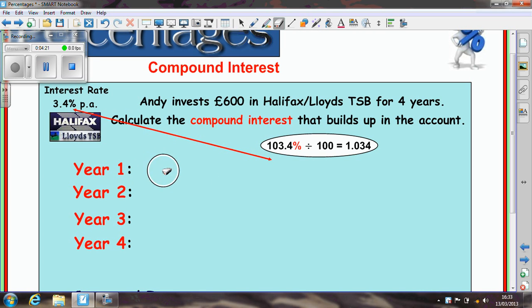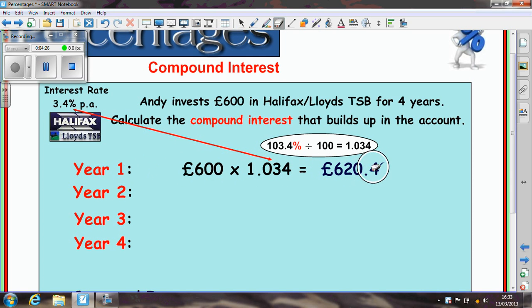So year 1, if we want to calculate that, you use 600 times 1.034 and it comes out as £620.40. Again, if you worked out 3.4% and did an add sum, this would be the same value you come out at. We start with that new value in year 2 times by 1.034 and so on.